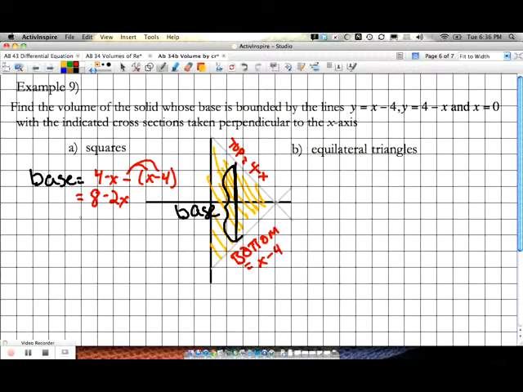Then what I'm going to be looking at is my shape. I need to make squares, and the area of a square is just base squared. And we're going from a to b. So where do we start? Where do we finish? We start here on the axis at 0 and we finish at x equals 4. So we're going from 0 to 4 of the base squared dx.